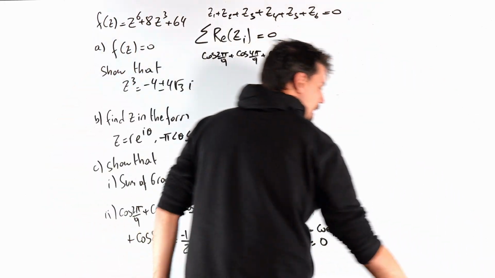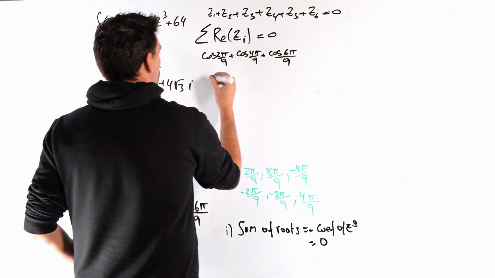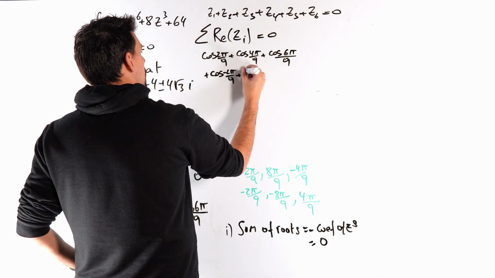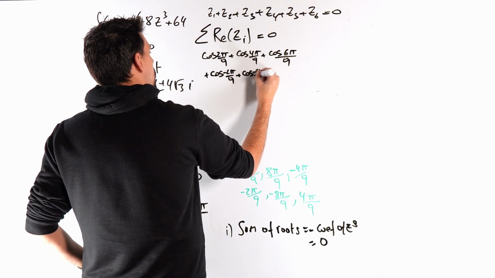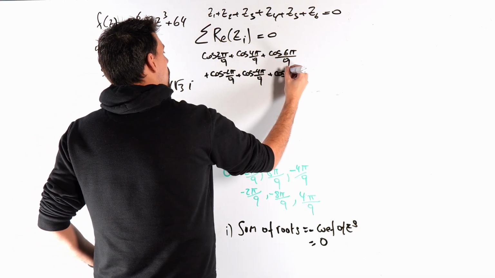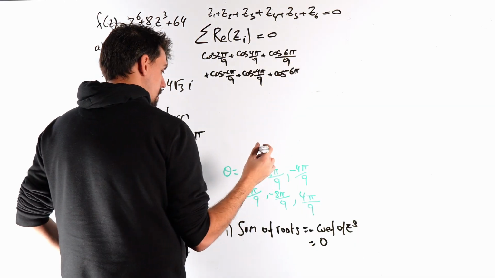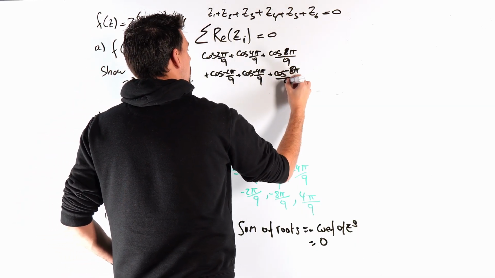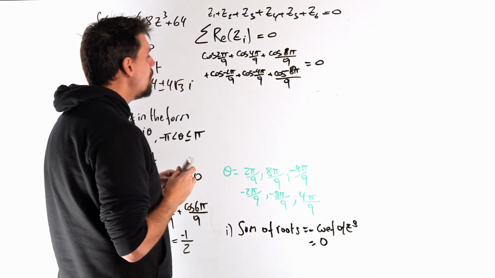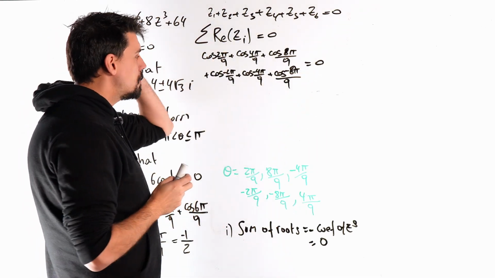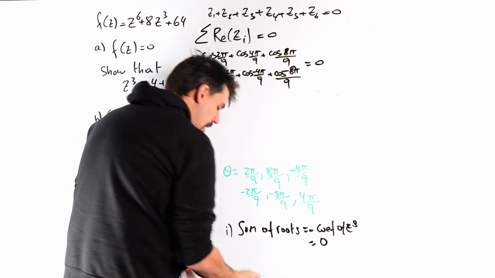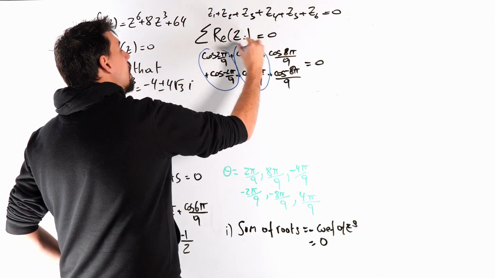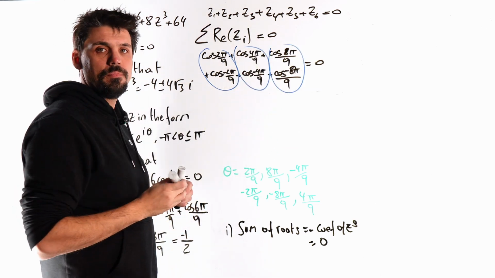I think we should be okay there. Plus cos of minus 2 pi over 9 plus cos of minus 4 pi over 9 plus cos of minus 8 pi over 9 is equal to 0. Now, why have I written it like this? For space, but also, and this comes into something that we see quite often, those are equal.